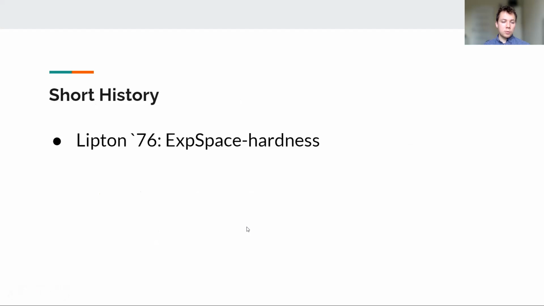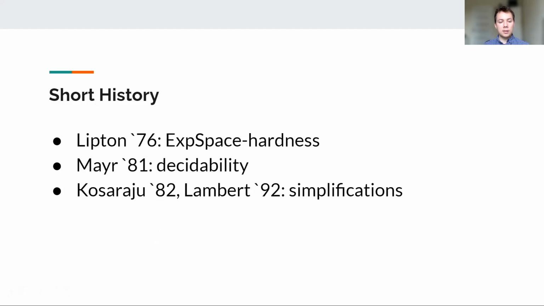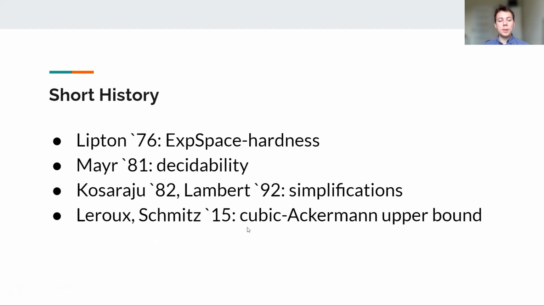So now let's move to a short history of this problem. The first lower bound was shown by Lipton in 1976. That was ExpSpace hardness. In 1981, decidability was shown by Mayr. Later, in 1982 Kosaraju and in 1992 Lambert made some simplifications to the proof of decidability.